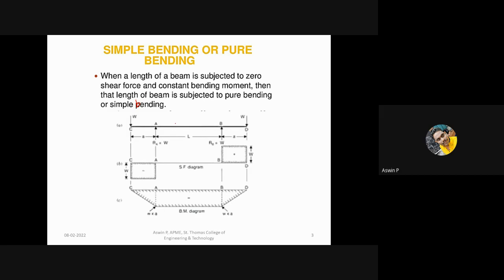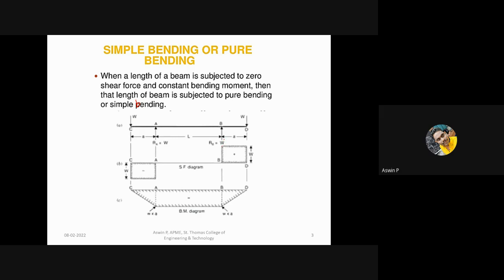When you calculate, you will find RA equal to W and RB equal to W, because AC and BD are the same, that is, small letter a. The lengths BD and AC are the same. So when you take moment about A or B or any point, you can directly find that RA equals W and RB equals W.